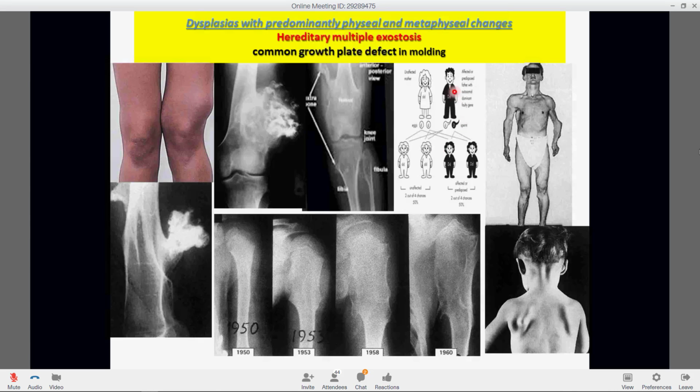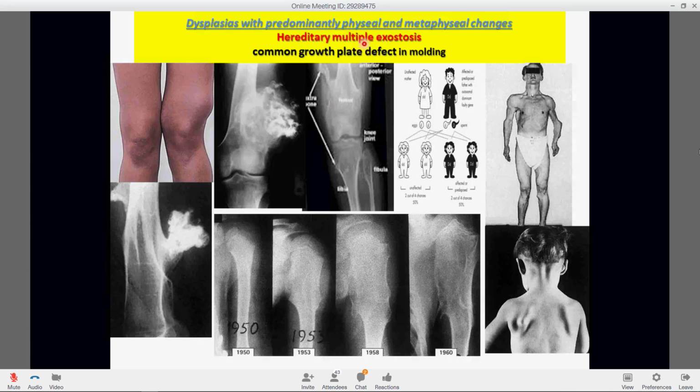The condition is autosomal dominant, and there is an exostosis, the characteristic exostosis which we have discussed in the lectures on tumors. A protuberance or outgrowth develops from the bone at the junction of the epiphysis with the metaphysis, and this protuberance will form a hard mass which may cause pain due to pressure on the nerve and tendon nearby.